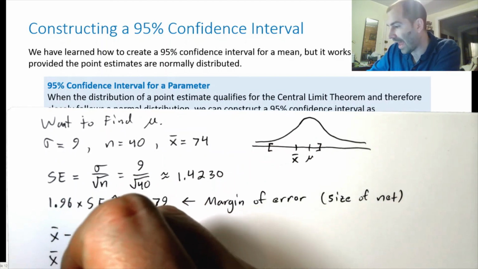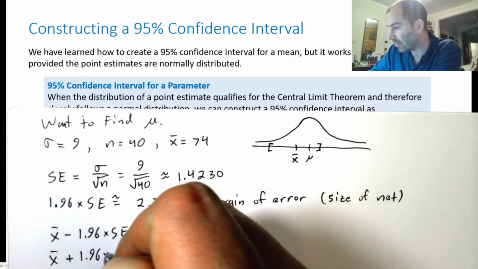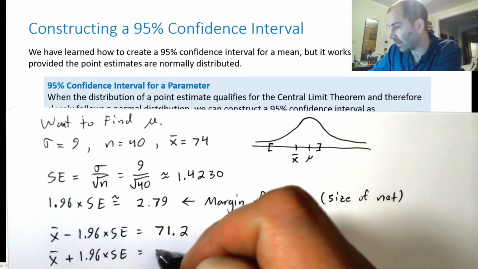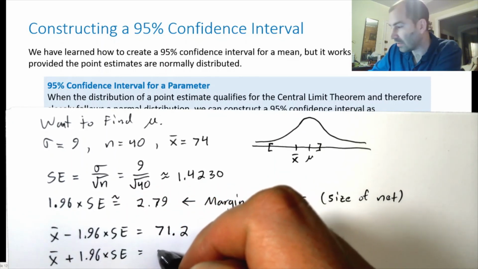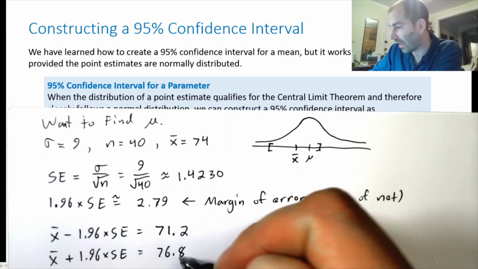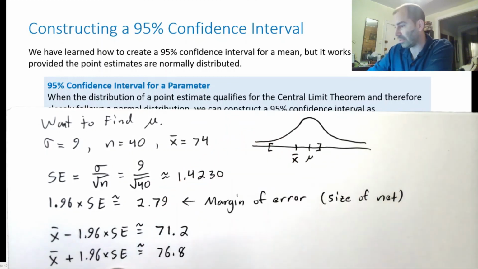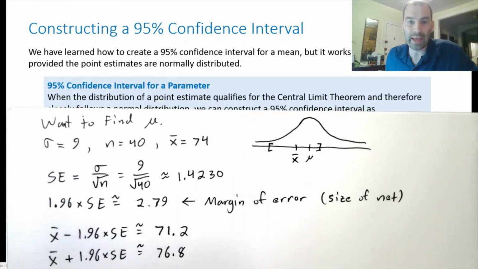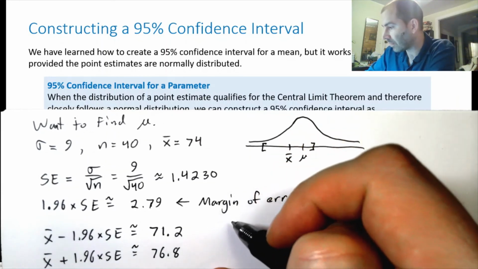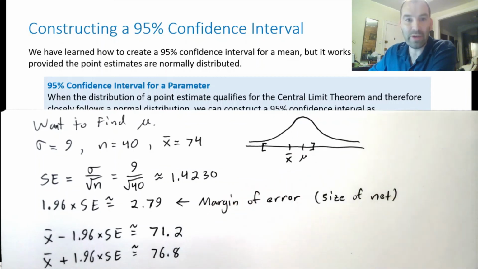And if I add it to the sample mean, I get 76.8 approximately. And that's my confidence interval. My confidence interval is the interval from this value to this value.